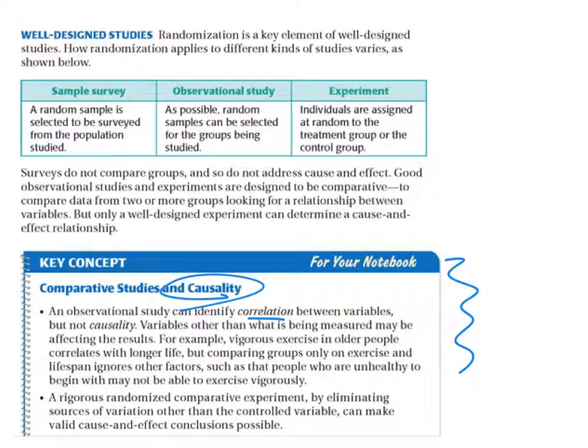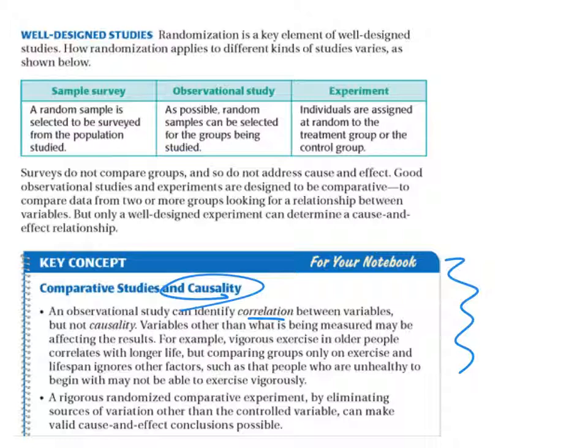Comparative studies and causality. An observational study can identify correlation between variables, but not causality. Variables other than what is being measured may be affecting the results. For example, vigorous exercise in older people correlates with longer life. But comparing groups only on exercise and lifespan ignores other factors, such as that people who are unhealthy to begin with may not be able to exercise vigorously.